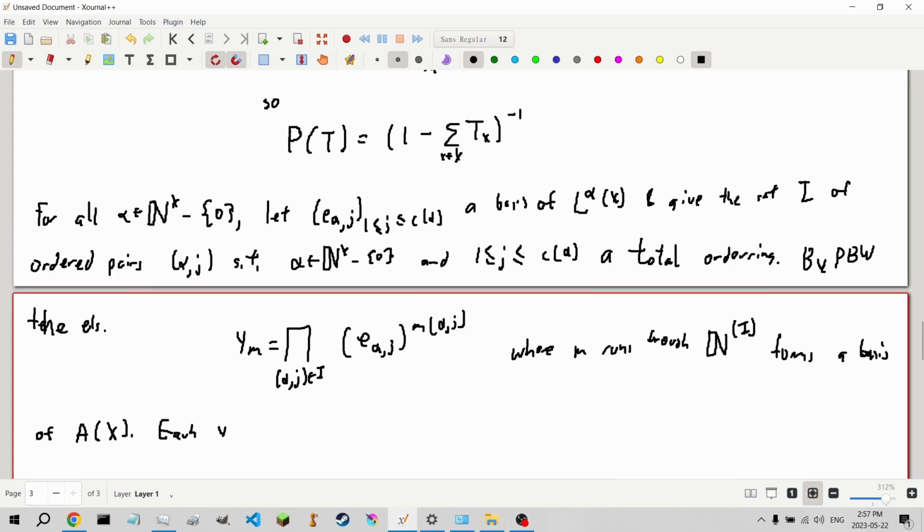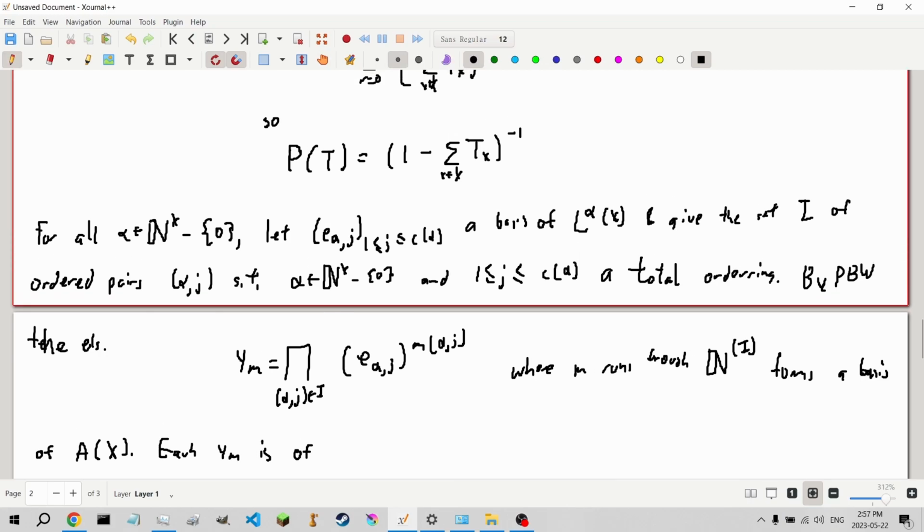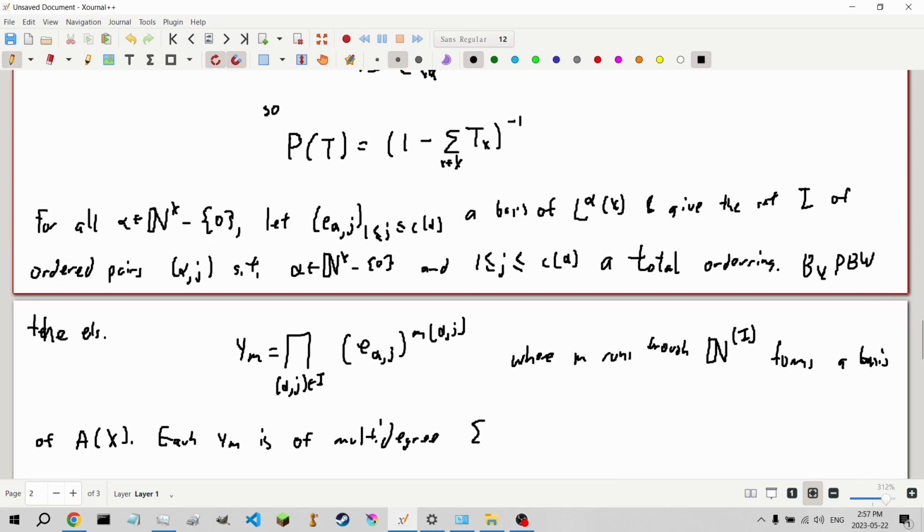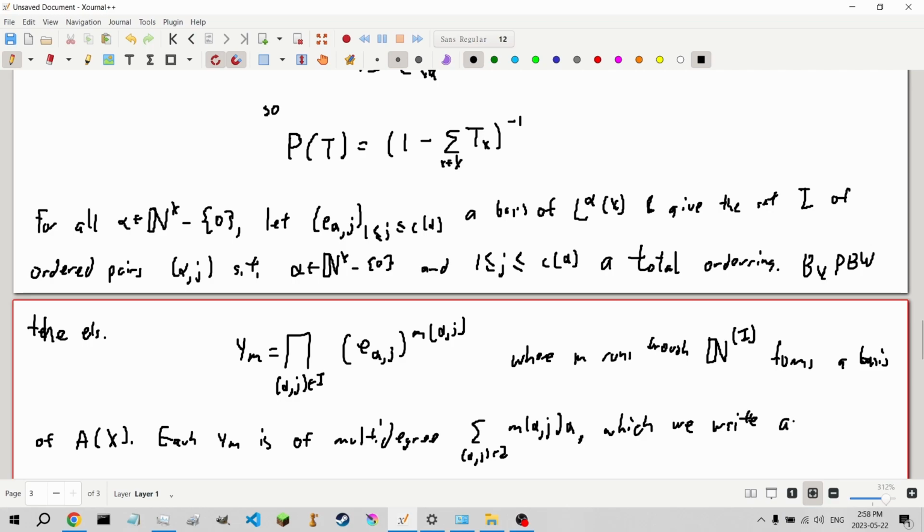Each y_m is of the multi-degree of the sum across our pairs (α, j) in I of m_{α,j} times α, which we are going to write as u of m.